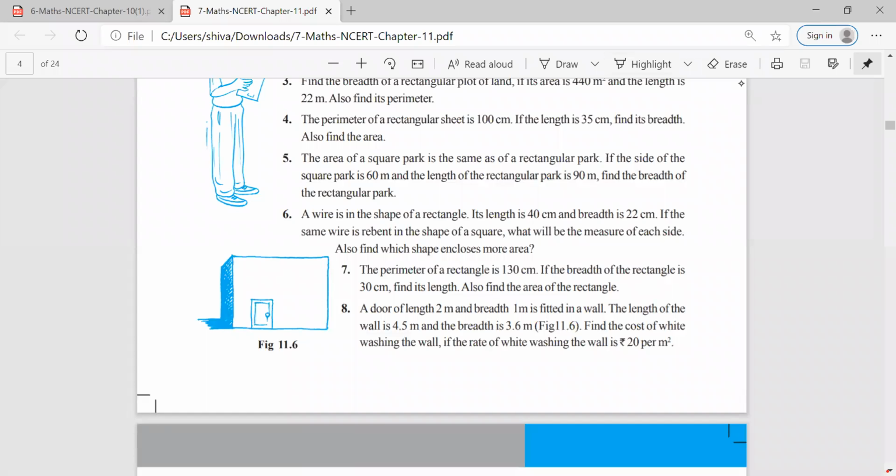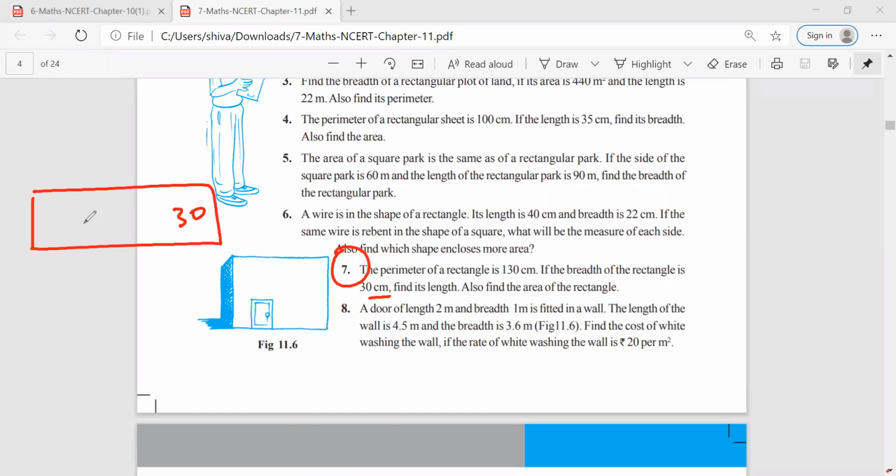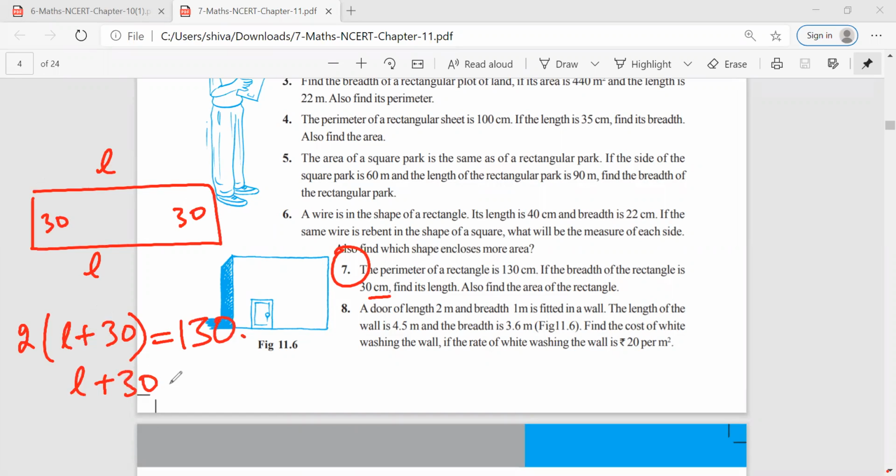So next question. The perimeter of a rectangle is 130 centimeter. If the breadth is 30, so this is 30, this is 30. Let us assume this is the length, this is the length. So twice of L plus 30 would be equal to 130. L plus 30 would be equal to 65. L would be equal to 35.